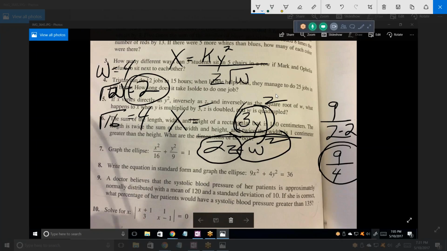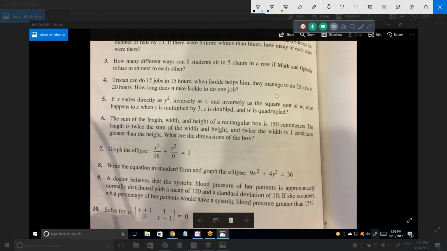And that's where that other 2 came from. The first 2 came from doubling z. Clearly, when I double z, I cut x in half. Same thing happens when I quadruple w. Gotcha. All right.